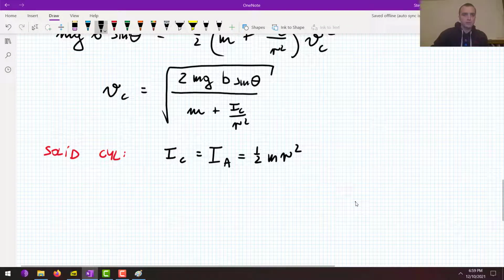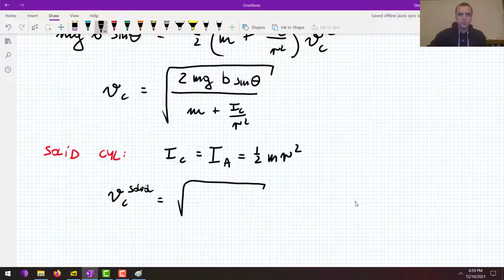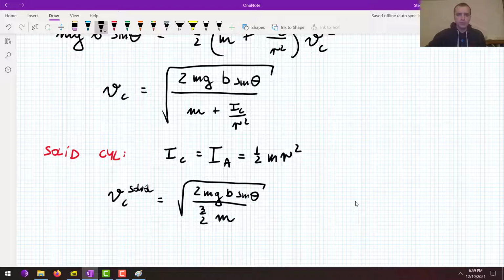So VC solid will be equal to the square root of 2mgb sine theta divided by 3/2 m, right?